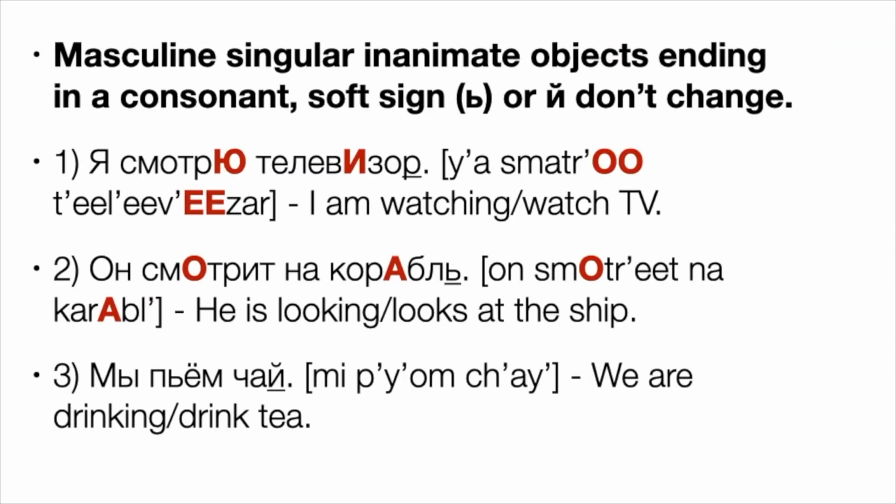Masculine singular inanimate objects ending in a consonant, soft sign, or -й don't change. For example, number 1. Я смотрю телевизор. Number 2. Он смотрит на корабль. Number 3. Мы пьем чай.